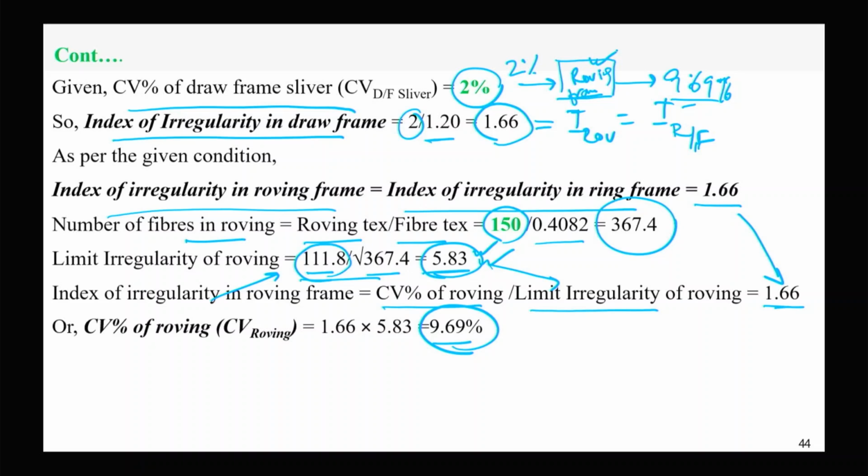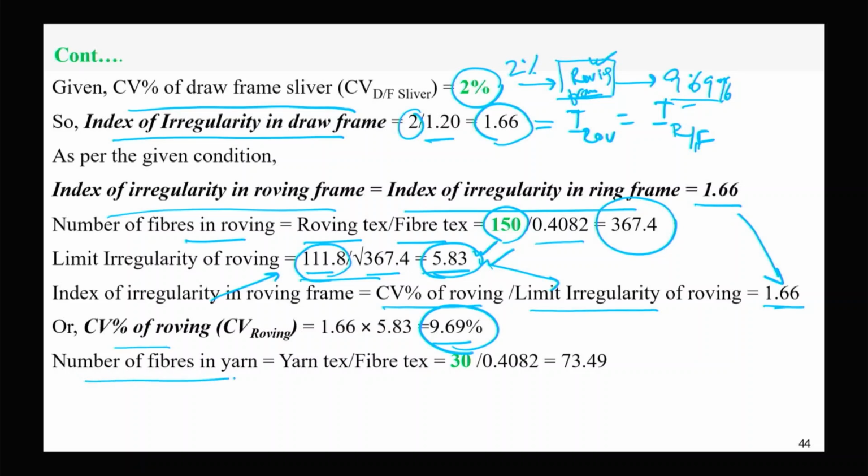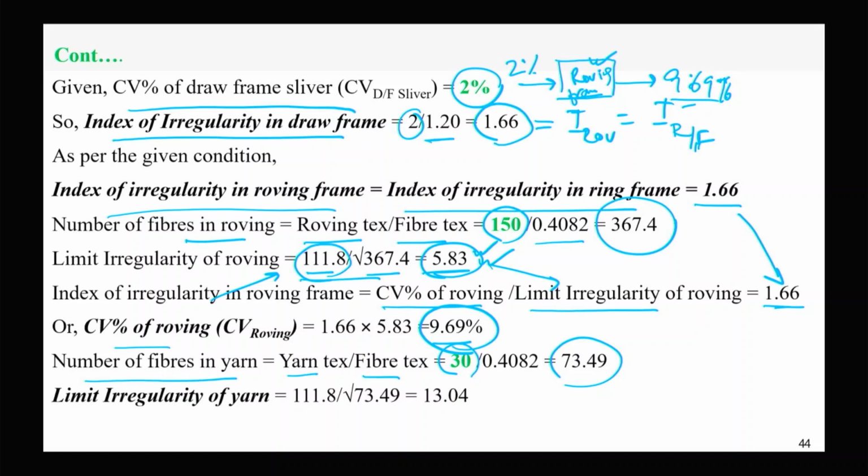So from there we can calculate the CV added by the roving frame. Now the number of fibers in the yarn is yarn tex by fiber tex. Yarn tex is given, so that gives the number of fibers in the cross section. So the limit irregularity of yarn we can calculate is 13.04 from the same relationship.